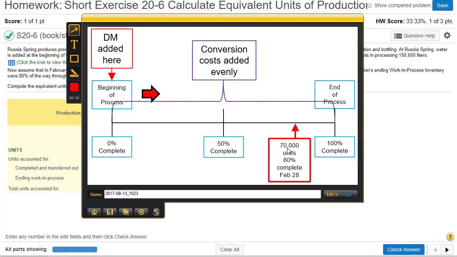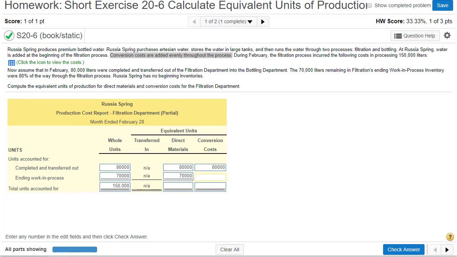So here's our 70,000 units. They are 80% complete. And since these conversion costs are added evenly throughout, that means these 70,000 units are 80% complete. So we had to figure out, of these 70,000 units, that's the equivalent of how many full units have had the conversion costs added to them.